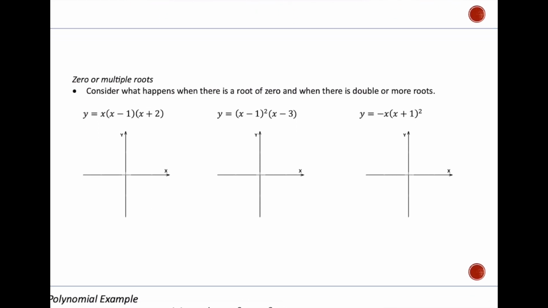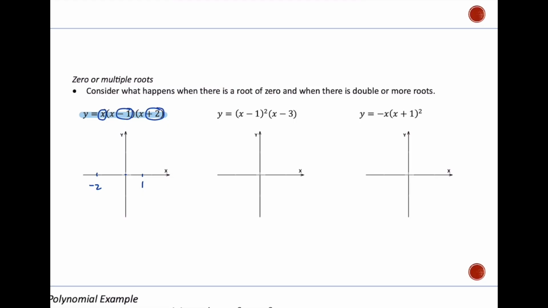Notice that this particular polynomial is in factored form, and notice that this x isn't in a bracket. All that means is that x equals 0 is not only a possible solution, but it's also an intercept. So x equals 0 is an intercept, as is positive 1, and as is minus 2.